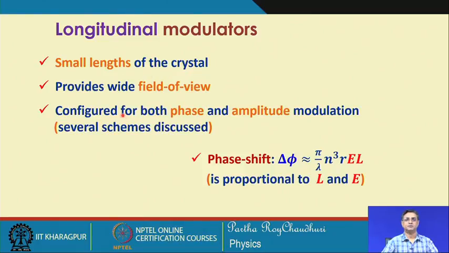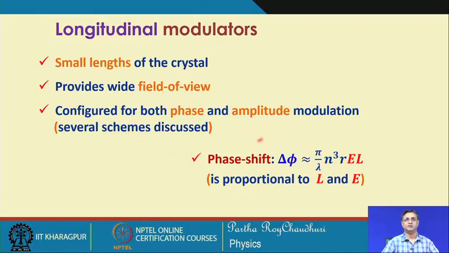This longitudinal modulator can be configured, as we have seen with all the theory and basics, to be implemented as a phase modulator or an amplitude modulator, and we have discussed several schemes of orienting the crystal, configuring the crystal with respect to the applied voltage.